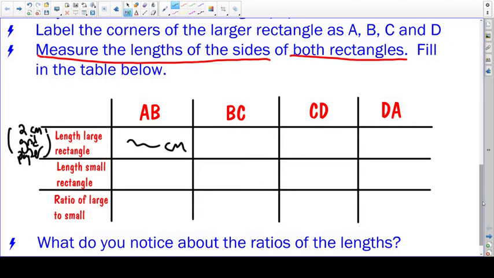Do the same thing for BC, do the same thing for CD, and do the same thing for DA. All on the 2 centimeter grid paper. Then do the exact same thing on the 0.5 centimeter grid paper.